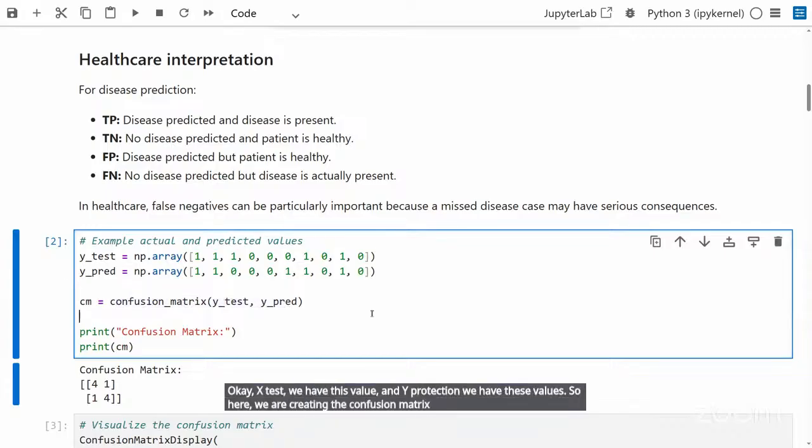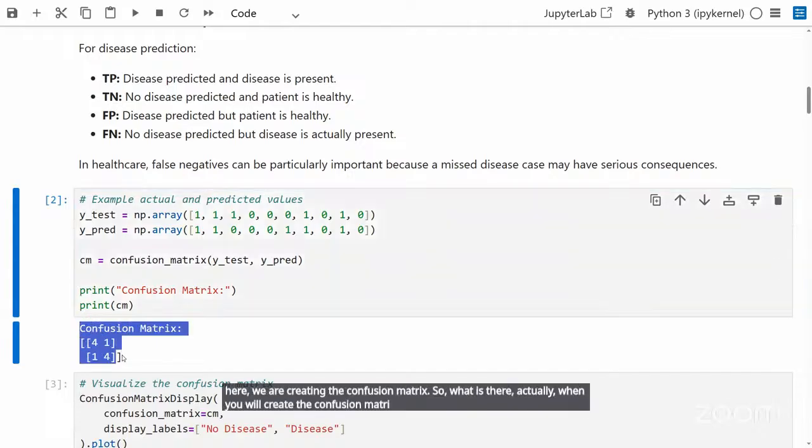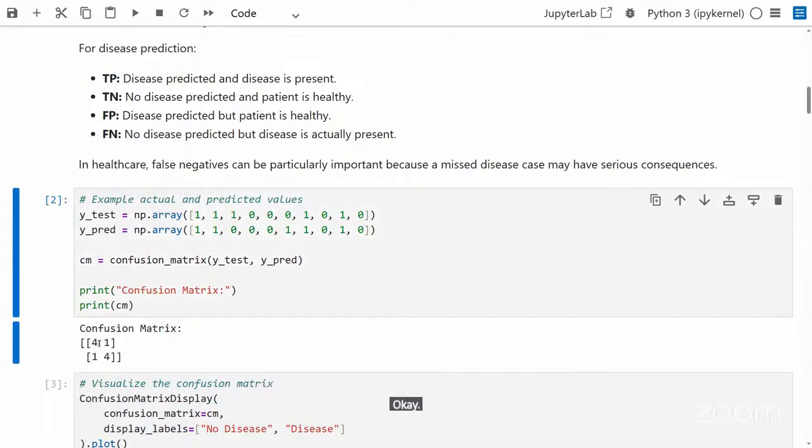So what actually happens when you create the confusion matrix? We have these values. This is the value of TP, then this is TN, this is the value of FP, and this is the value of FN. These are the values which will be calculated.